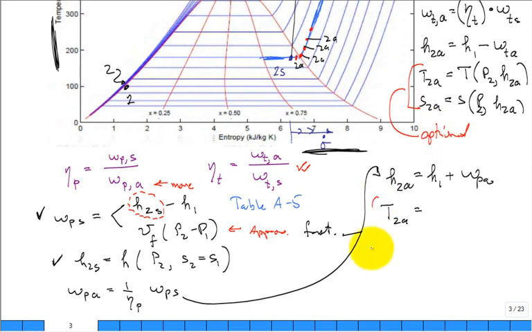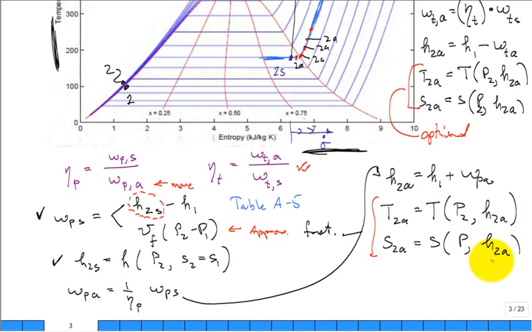But you also have some optional questions like what is the actual exit temperature, or what is the actual exit entropy? Well, you would just say, I need to look it up as a property, knowing that pressure and knowing that enthalpy, and look up the entropy as a function of pressure and enthalpy.